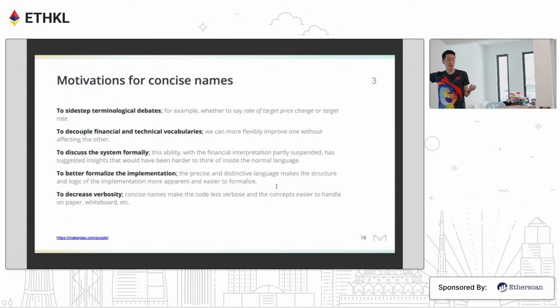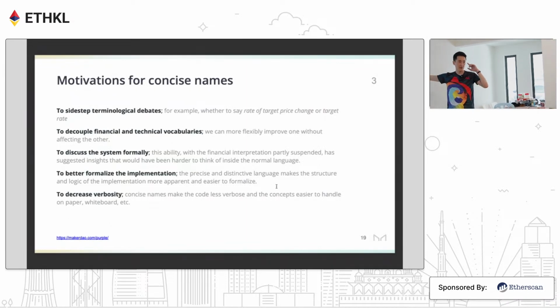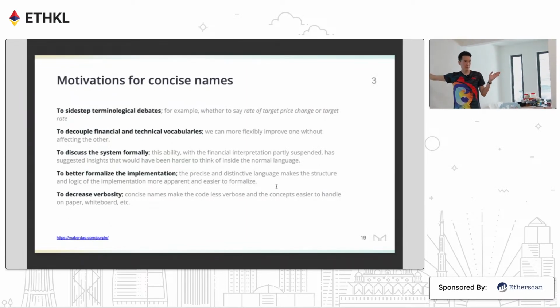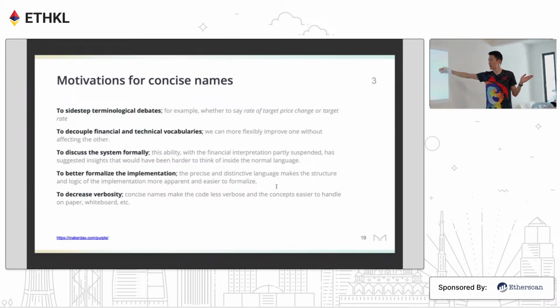You don't use existing terms that may get you thinking in a more limited or incorrect way. That's also related to this idea that you can discuss the system formally that way. You can really define it without reference to something else, just in itself. And then, frankly, when all of the terms are a syllable, you can just talk about it faster.